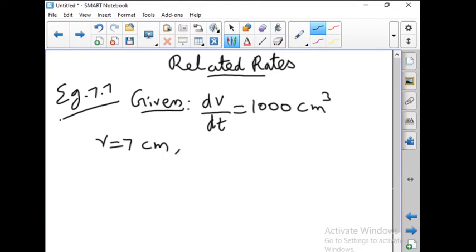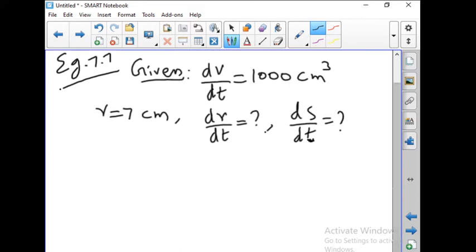We are asked to find the rate at which the radius of the balloon changes, that is we have to find dr by dt, and if S is the surface area, then we have to find dS by dt.